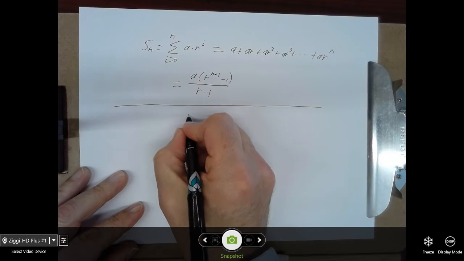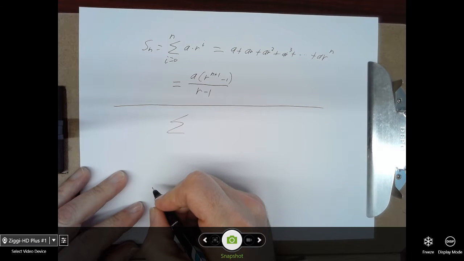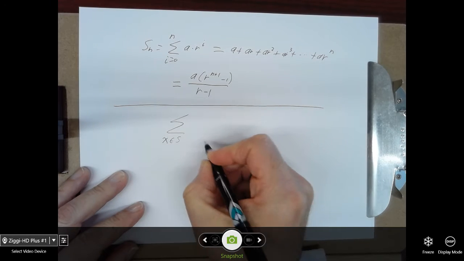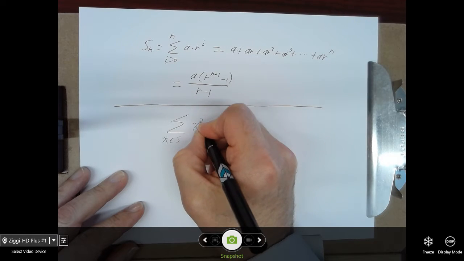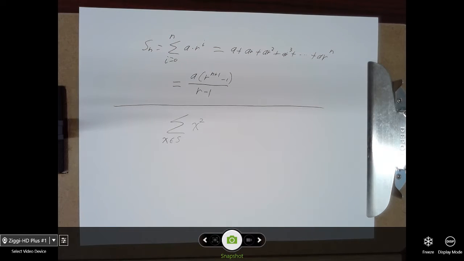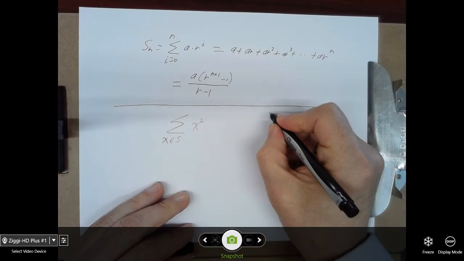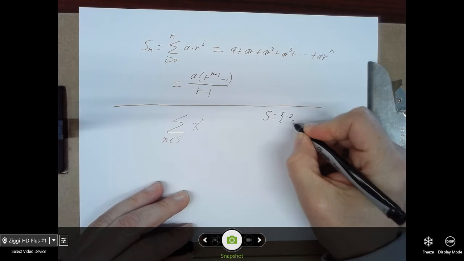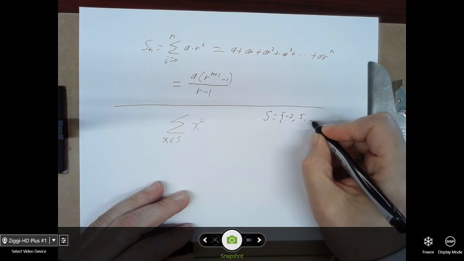Okay, we can also sum over things like sets. So here's a sum over x contained in S of x squared. You have to know what the set S is, but let's say, for example, S equals {-2, 5, 1}.